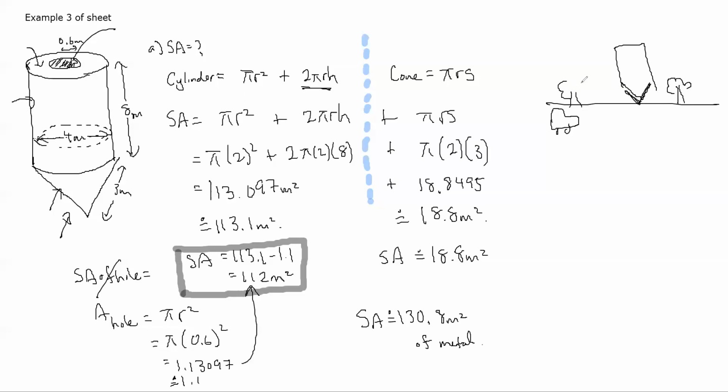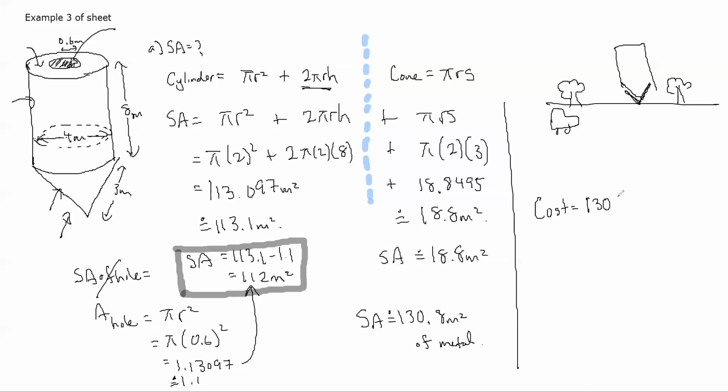That would defy gravity, I think. Anyways, if I had to coat the entire thing with anti-rust material, because the soil is usually damp, and there's rain, and if there's rust, it spoils all the food, how much would it cost? Well, the total surface area is 130.8.